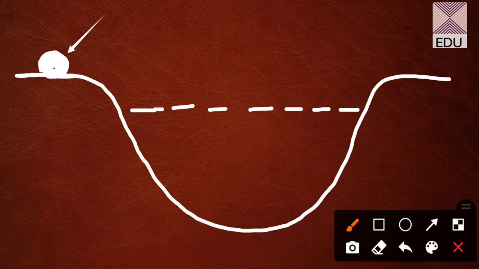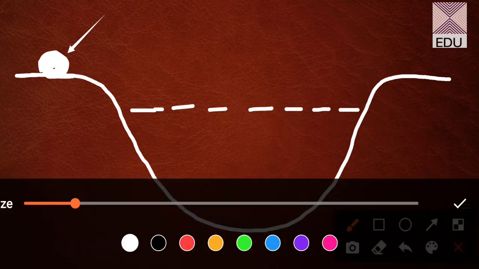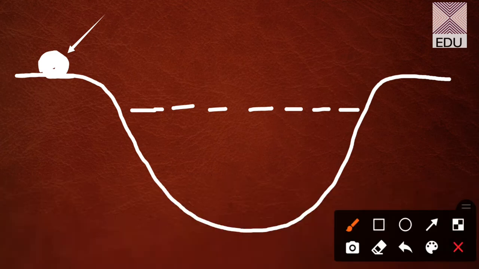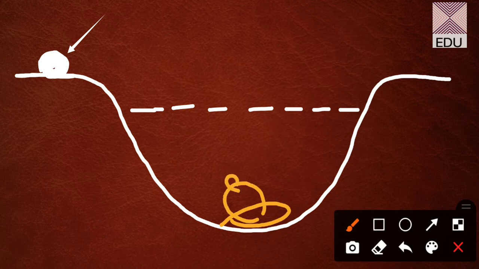Now this is a very important thing to note, that the secondary host of the Fasciola hepatica is a snail, and this snail is called Limnea, and that Limnea is living inside this water body. So I am making the Limnea in a cream color. Suppose this is the Limnea snail and it is living inside this water body.